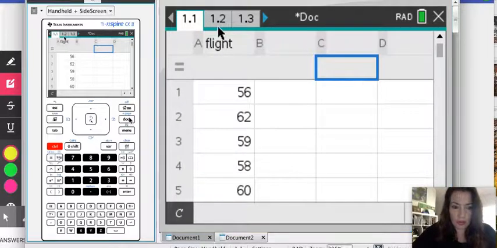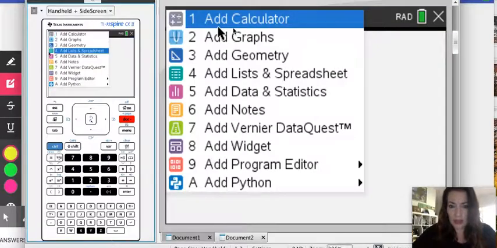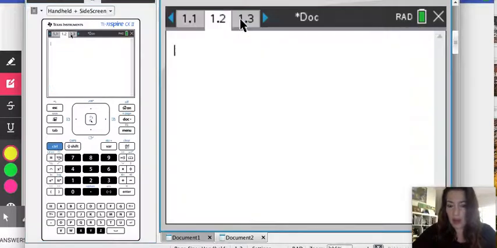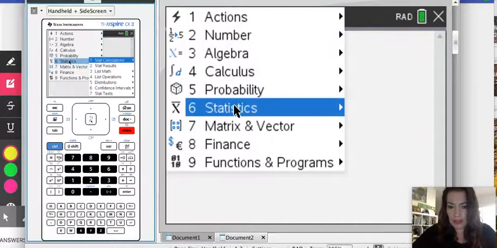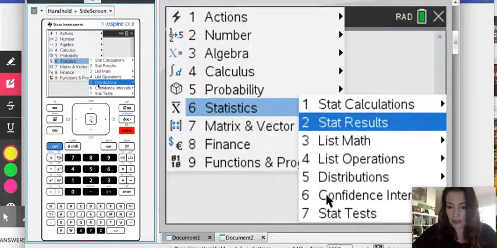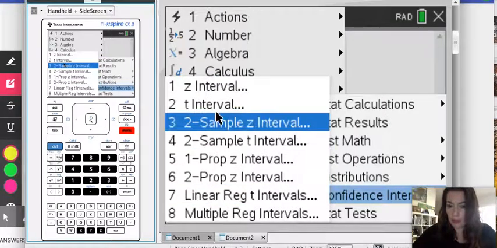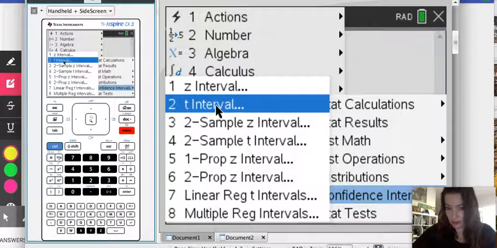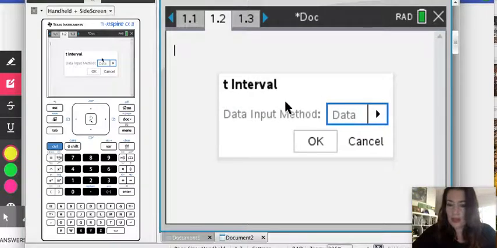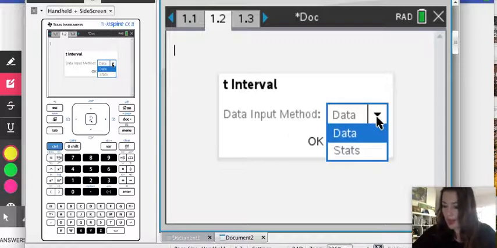Now I'm going to open a new page. So Control, Add Page. And from here, I'm going to go to Menu, Statistics, Confidence Intervals, and then number 2, T interval. Once we get to T interval, you have the option either to enter data or stats.